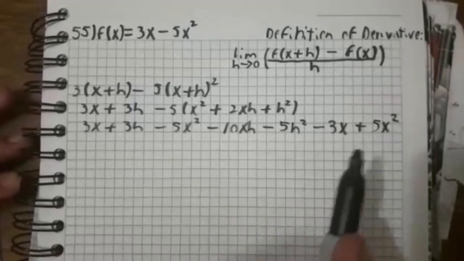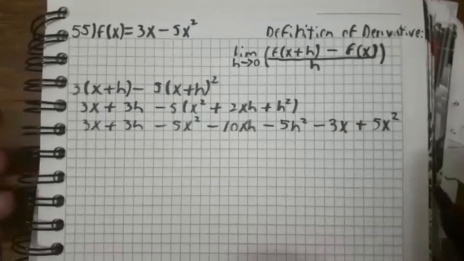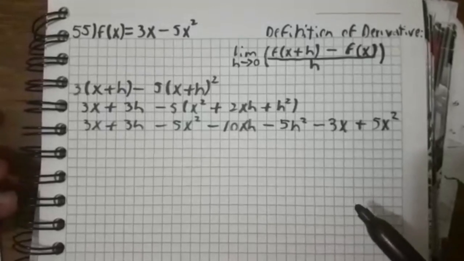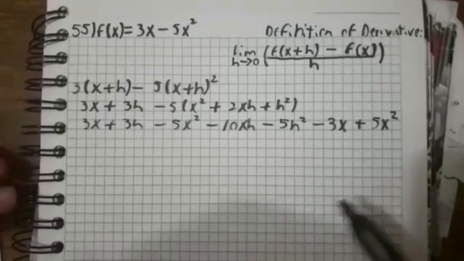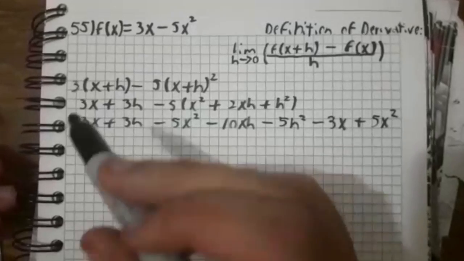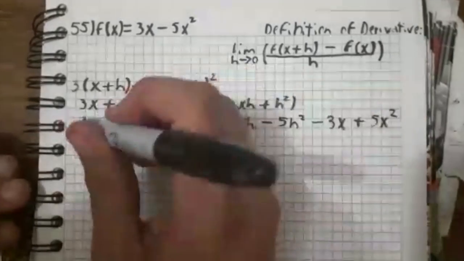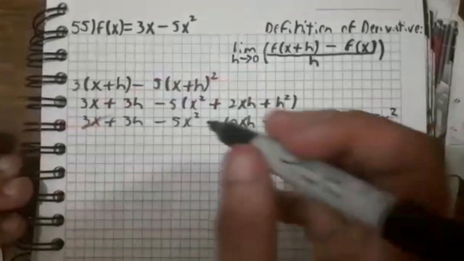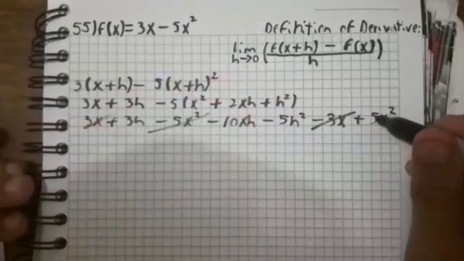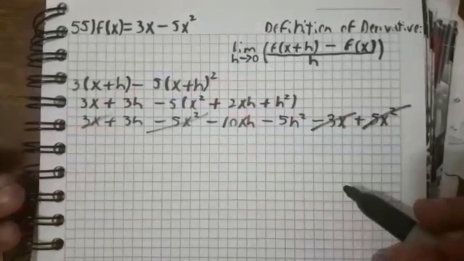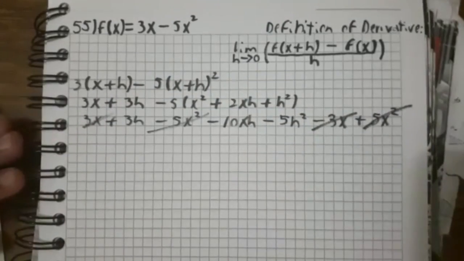And we would simplify from there by canceling the similar terms. So 3x with minus 3x, minus 5x squared with plus 5x squared.